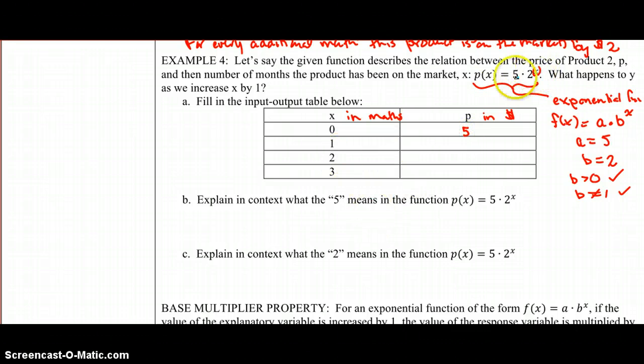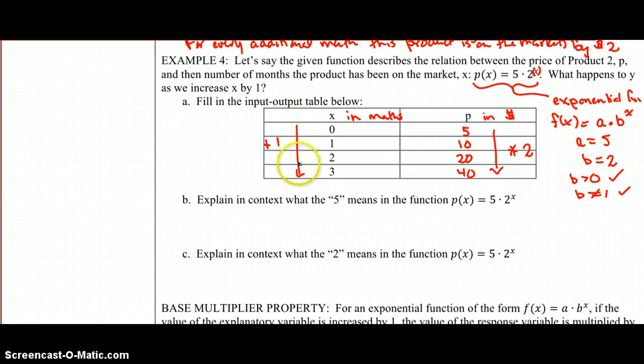And 2 to the first is 2, times 5 is 10. 2 squared, 2 times 2 is 4, times 5 is 20. And 2 to the third, 2 times 2 times 2 is 8, times 5 is 40. Here we'll notice that as x keeps increasing by 1, over here we keep multiplying by 2.